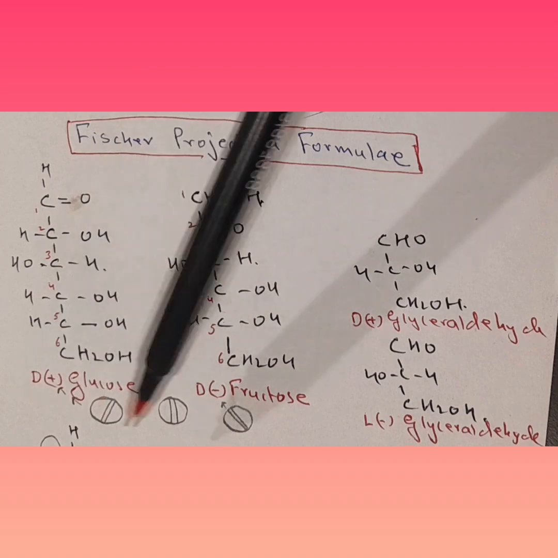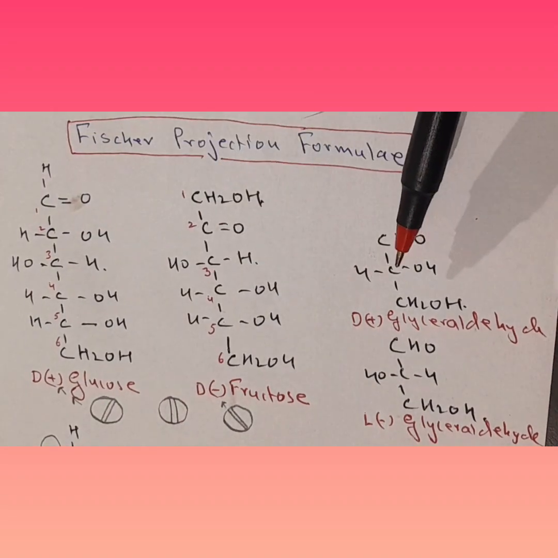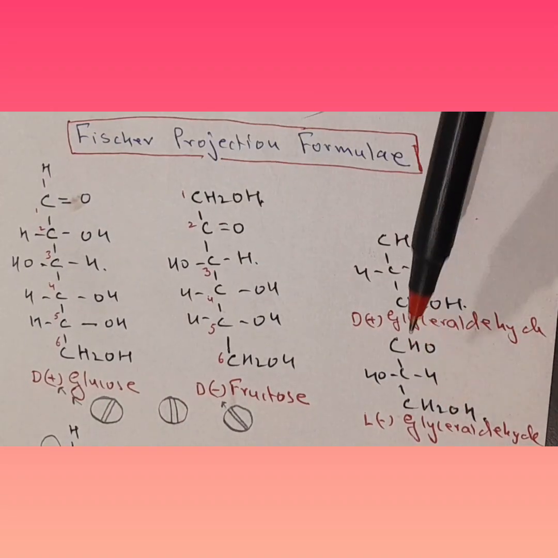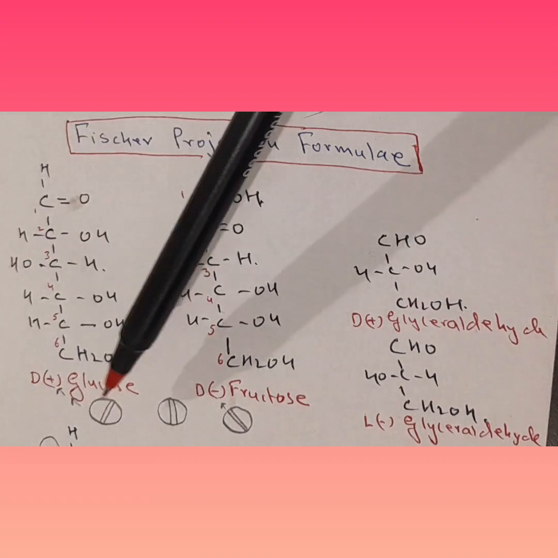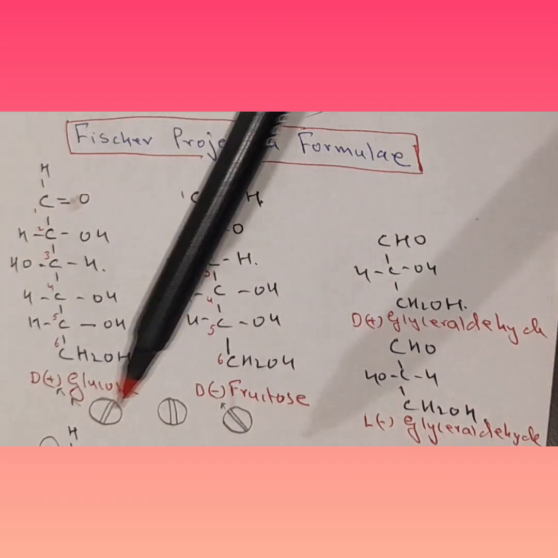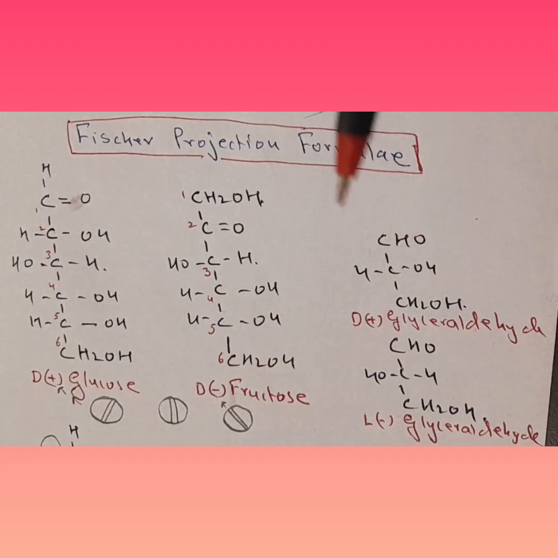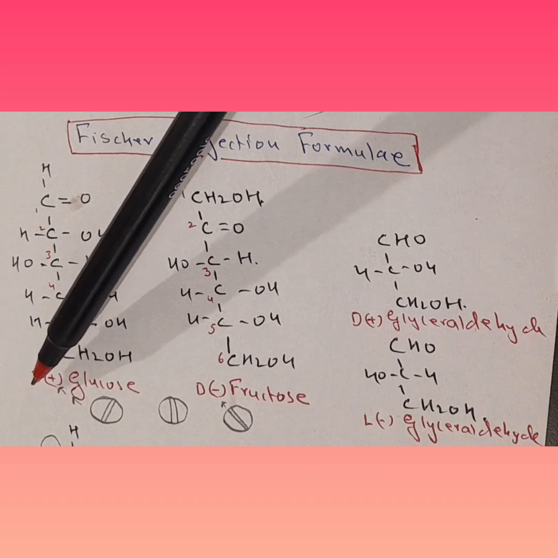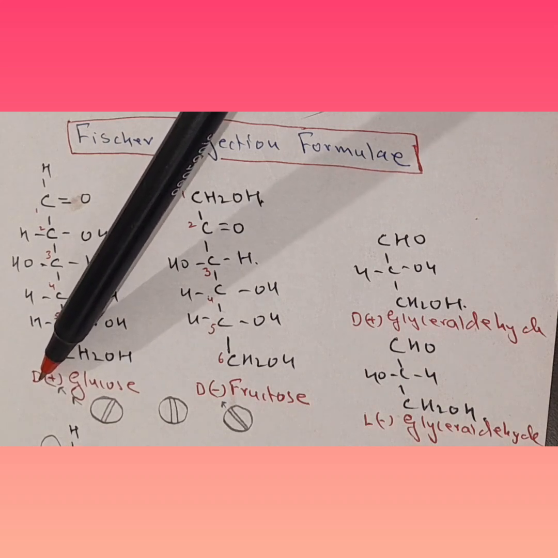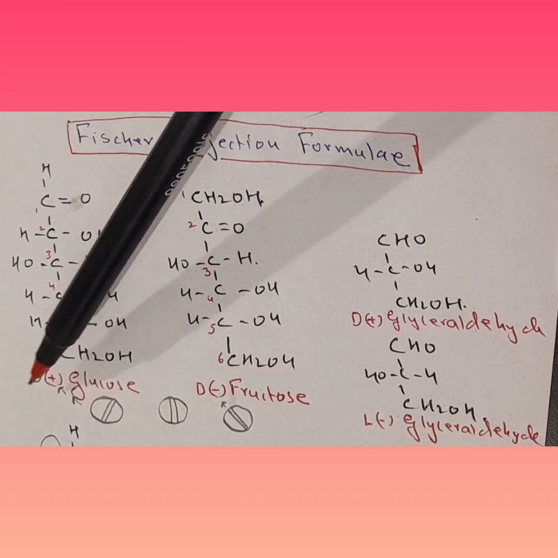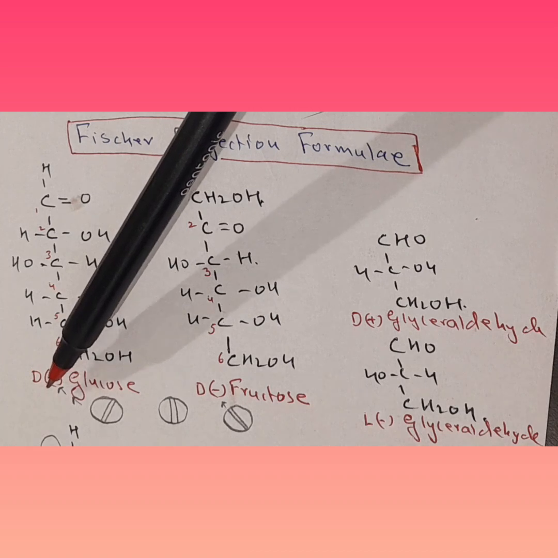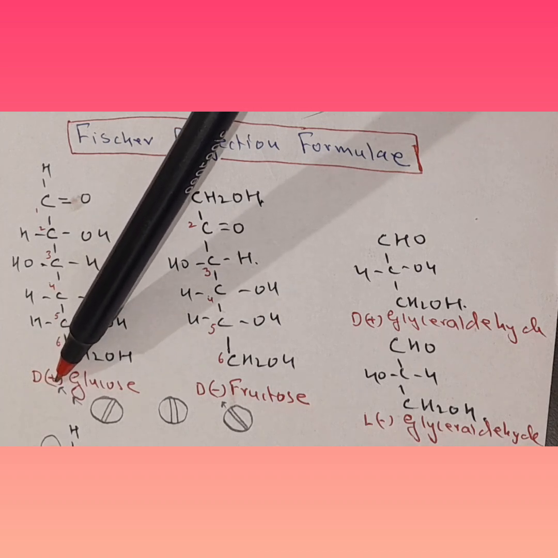So capital D and L are purely based on the configuration of glyceraldehyde, whereas small l and small d are purely based on the polarimeter. Another interesting thing: this is D as per glyceraldehyde, but positive as per optical rotation.